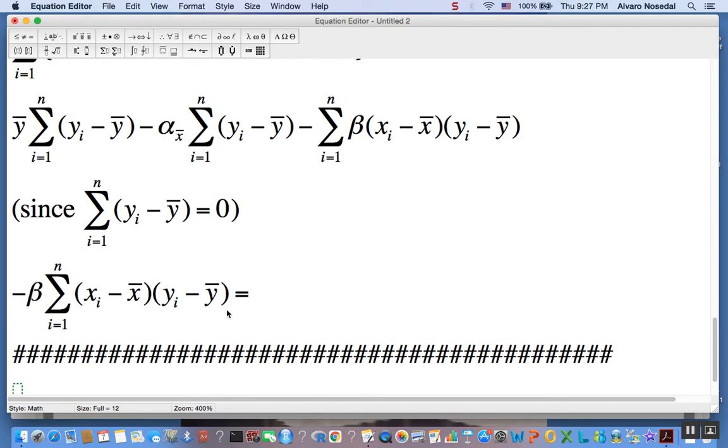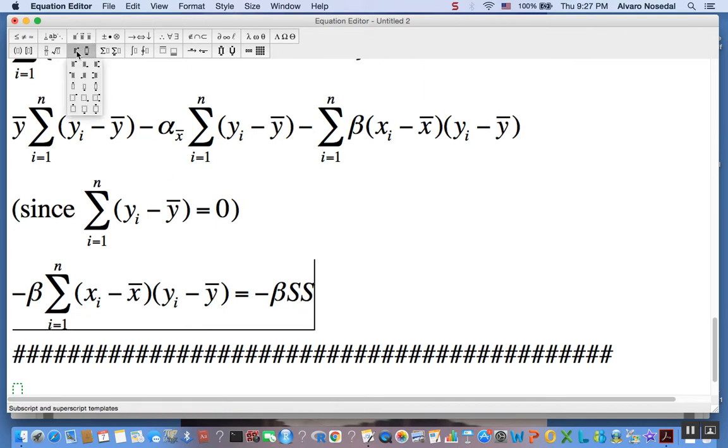And by the way, we're going to introduce the following notation. If we have that sort of cross product, xi minus x bar, yi minus y bar, we're going to use SS sub xy to refer to that cross product.